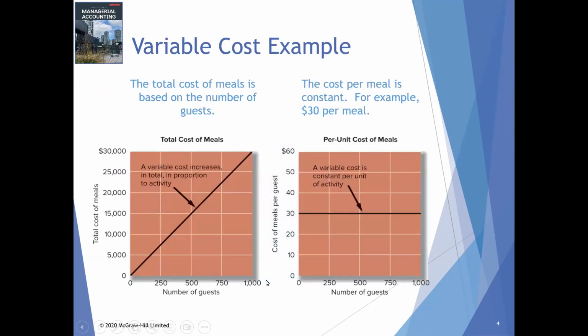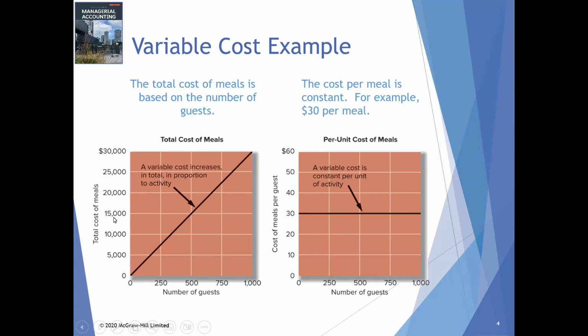Now look at this. If we talk about the variable cost example, on the left hand side we have the x-axis and y-axis. On the x-axis we have the number of guests, and on the y-axis we have the total cost of meals, right? In this case, as the number of guests increases, definitely more meals are required.